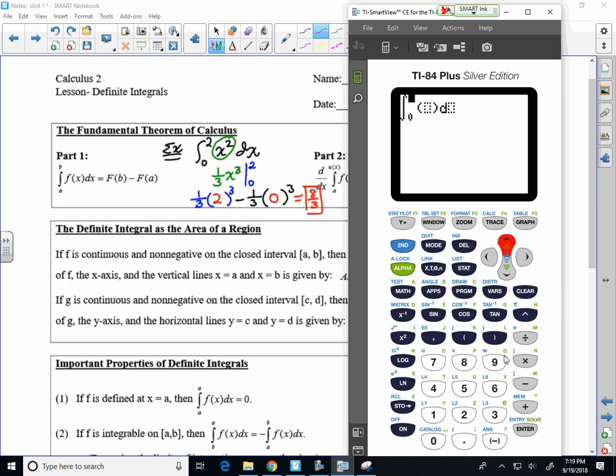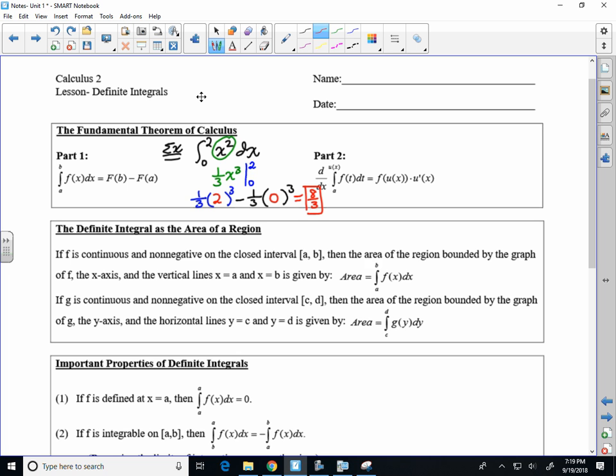Part 2 is a little bit of a different story. It gives you that. You want it in fraction form, math frac that bad boy. 8/3.